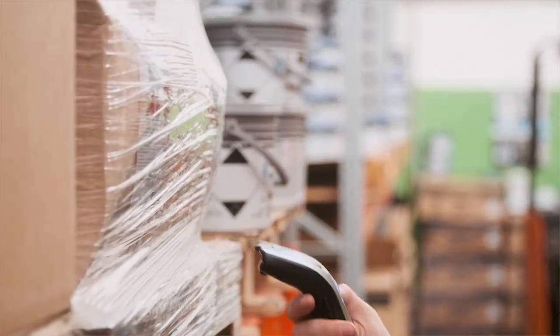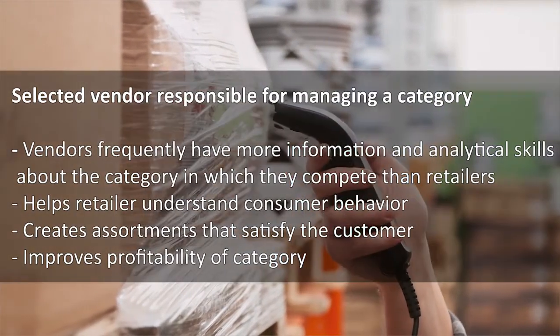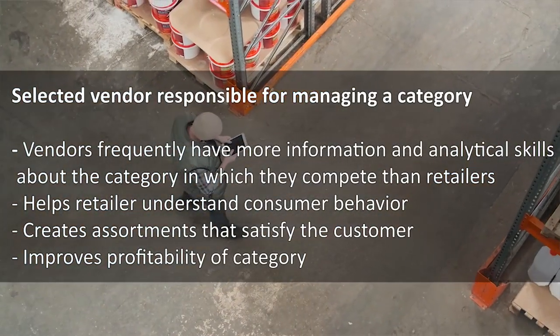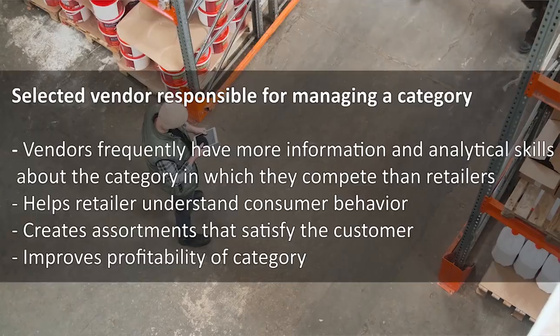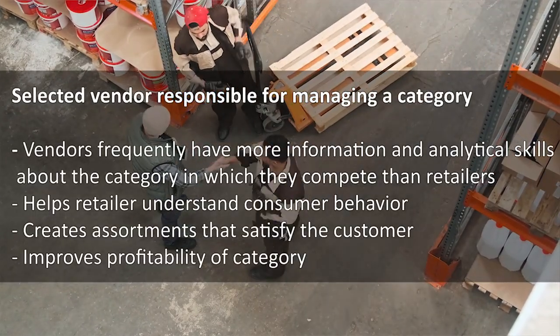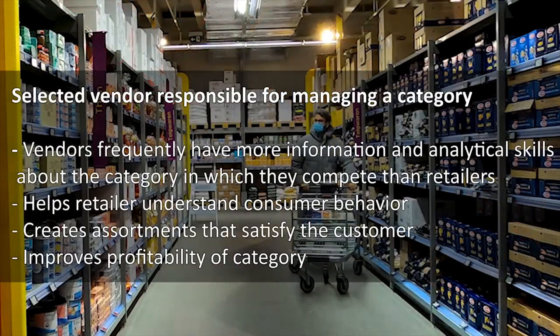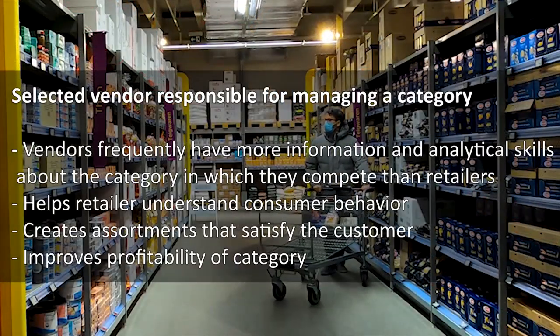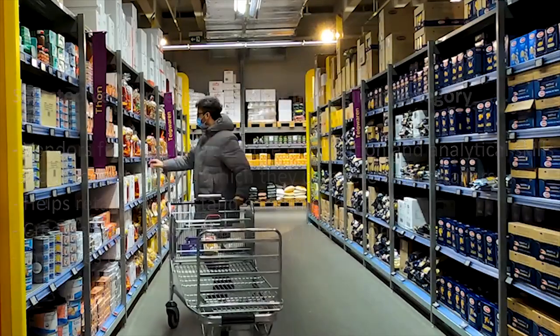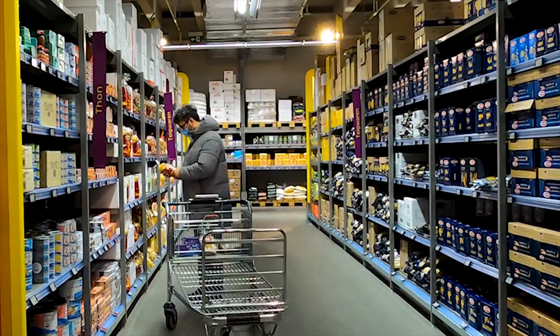Vendors, however, often have more information about this specific category, this specific product, and they can help the retailer understand their behavior, when do people buy it, where do they buy it, and thereby improve the potential for profit in the category.